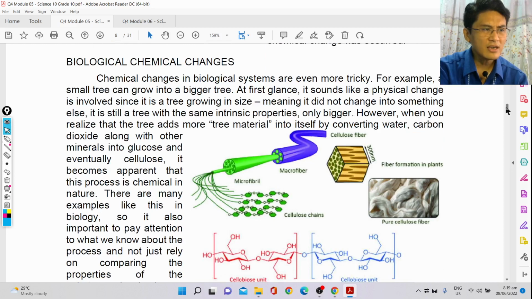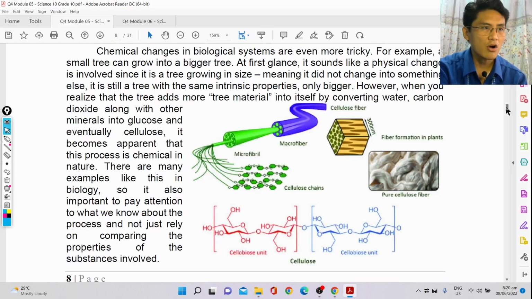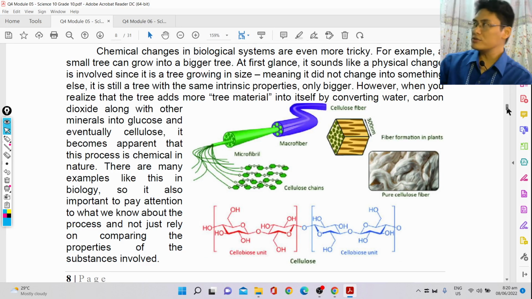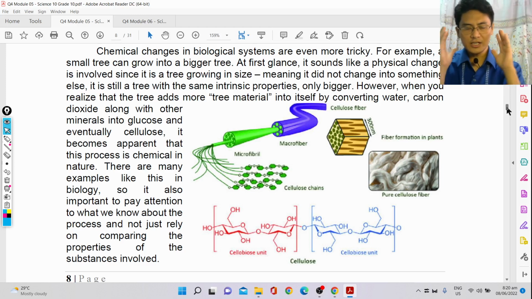Another tricky thing is biological chemical changes. So for example, sir, I planted a tree, a sapling, a seedling, and then 10 years after, 15 years after, it becomes this huge big tree. And then I ask myself, okay, is there a change?